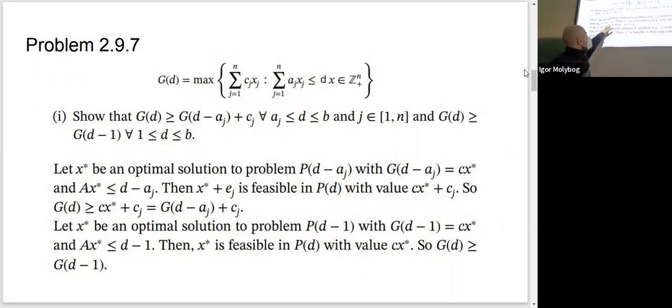Therefore, we have the following inequality, because x star is a feasible solution for our problem.